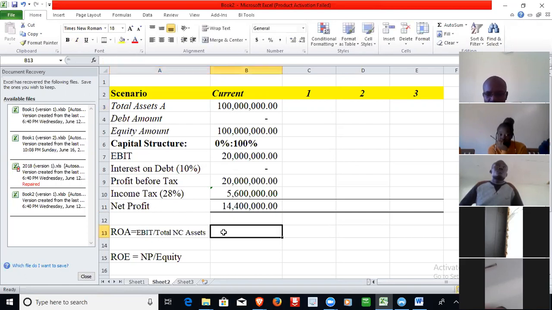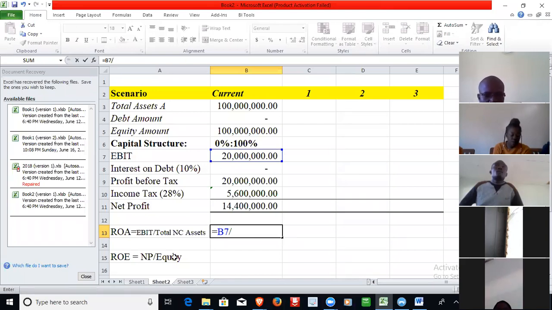total assets. Therefore, our formula is going to be earnings before interest and taxes, which is 20,000, divided by total non-current assets, in tune of 100,000.